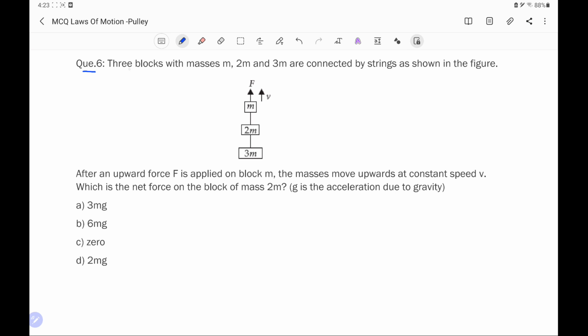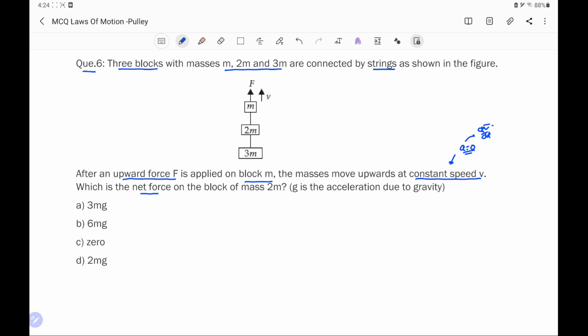Question number 6 is, 3 blocks with masses M, 2M and 3M are connected by a string as shown in the figure. After an upward force F is applied on the block M, the masses move upward with a constant velocity. Here we should be careful that velocity is constant, so acceleration will be 0, because acceleration is the rate of change of velocity.